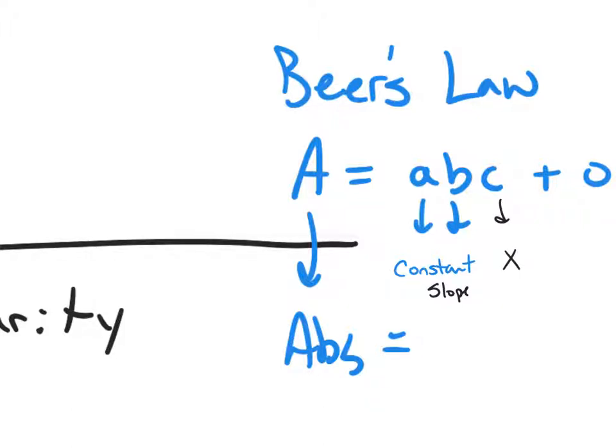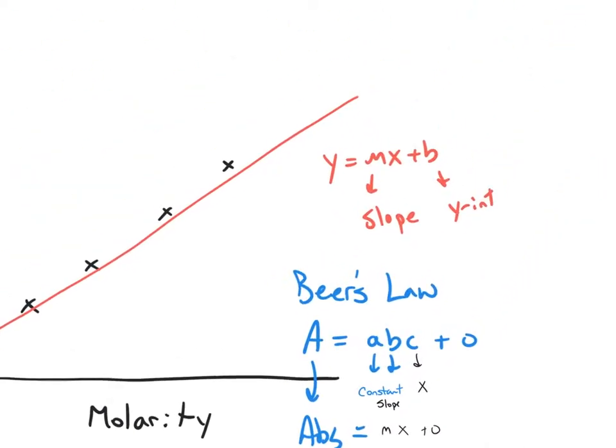So basically, absorbance is equal to m, which is the slope, times x, which is the concentration, plus 0, which is the y-intercept. And as you probably would suspect, at 0 concentration, you should have 0 absorbance, so the y-intercept should be 0. So how does this apply to your graph?